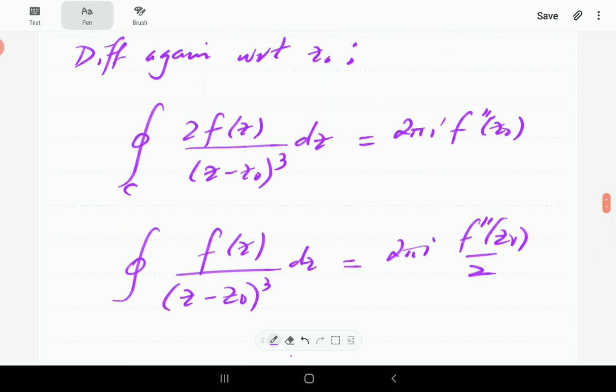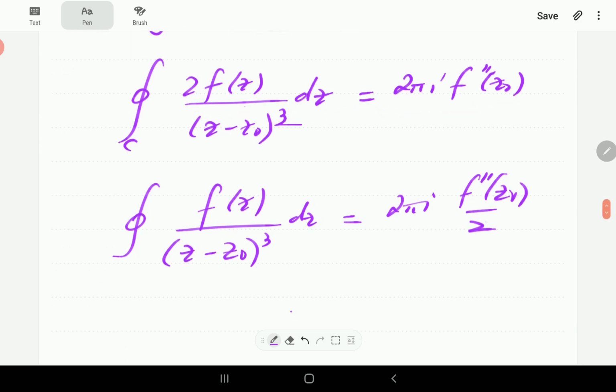Now if we differentiate this again with respect to z naught, we're now going to have 2 times 3 there.